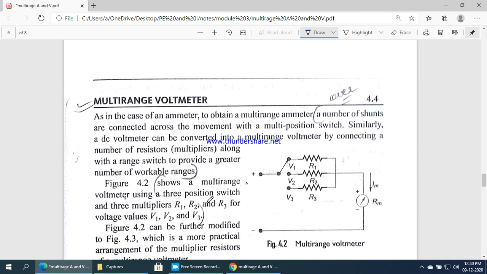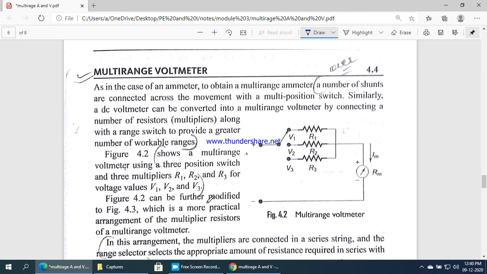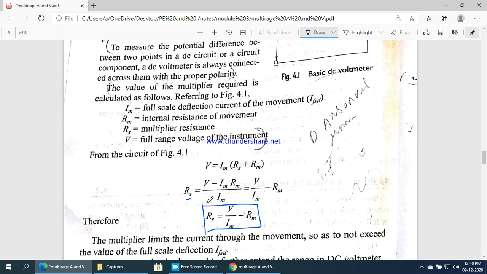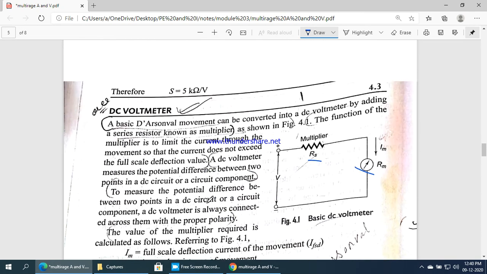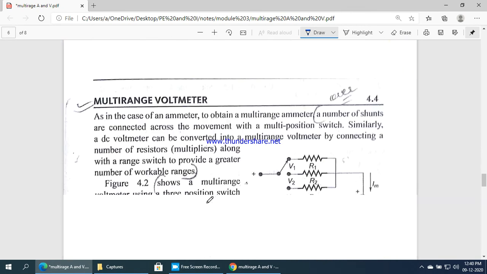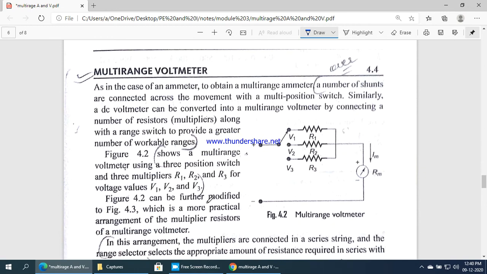So this is the multi-range voltmeter. Whatever we had in the previous case was the basic DC voltmeter. Instead of a single range, if we connect a number of resistors with a multi-position switch, the DC voltmeter can be converted into a multi-range voltmeter.